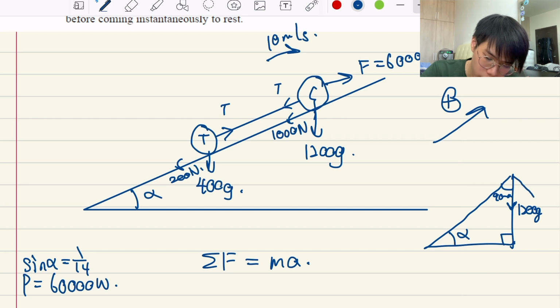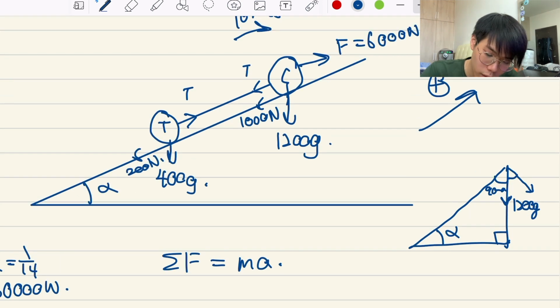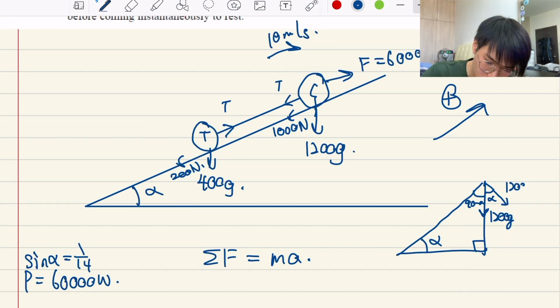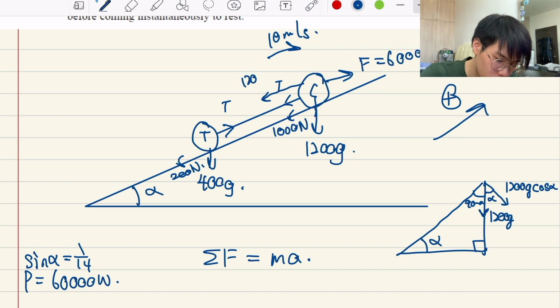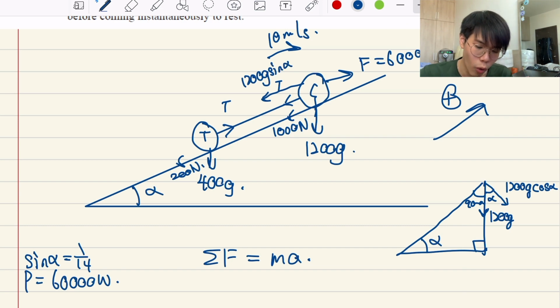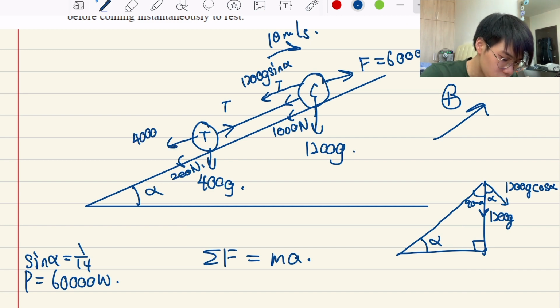If we draw a line perpendicular to the slope, we will find out that this is actually alpha, which means the component perpendicular to the slope is 1200 g cos alpha. So the component parallel to the slope is 1200 g sine alpha, because you're going out from the angle alpha. So for the trailer it is 400 g sine alpha.